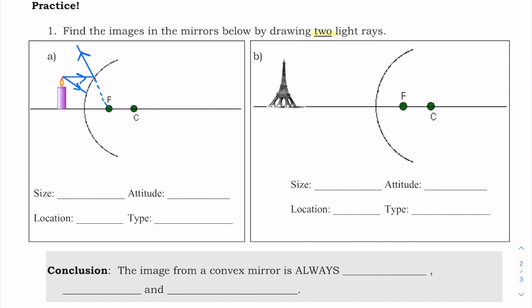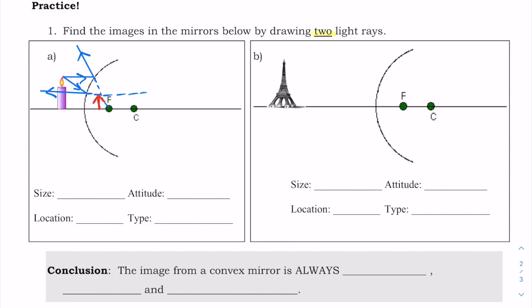Remember, this ray of light is going to try and go through the focal point, but it reflects away. And this ray of light comes out parallel, like so. Okay, draw the extended ray of light behind the mirror. And wherever they cross is the location of the image. So our image will be at this location approximately.